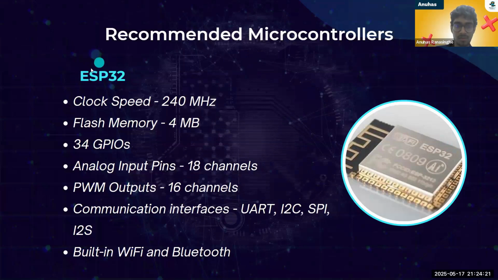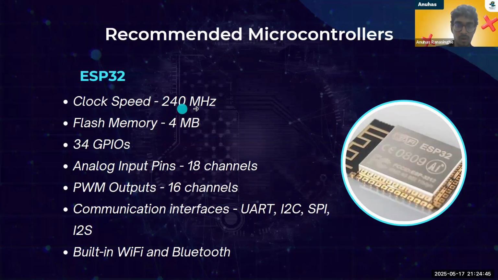ESP32 is one of the most commonly used microcontrollers, and I actually forgot to talk about programming languages. In ESP32, we can code using MicroPython, and using the Arduino IDE we can code it in C and C++ as well. The clock speed is a little more than the basic robots.